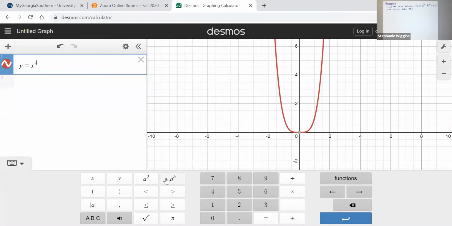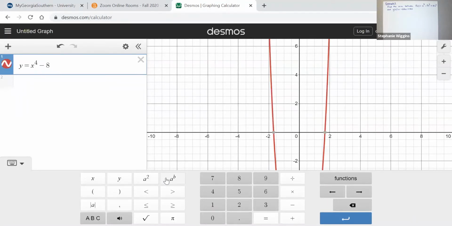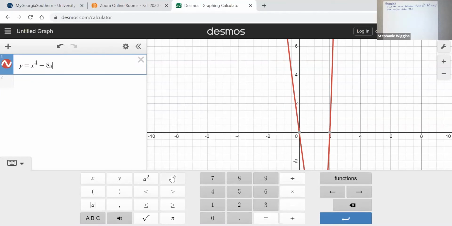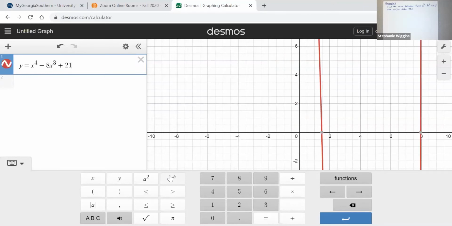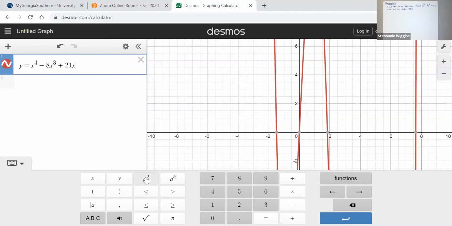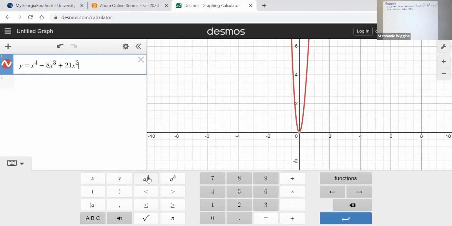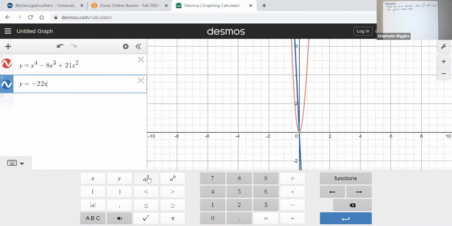Minus 8x cubed plus 21x squared, and then g of x is negative 22x, so I'm going to go y equals negative 22x plus 120.